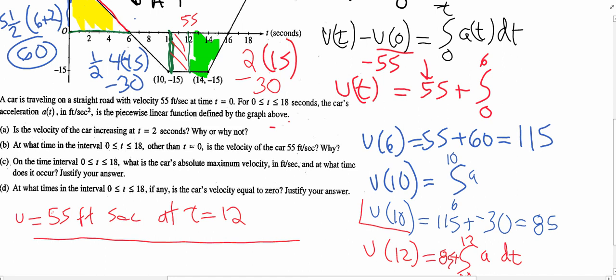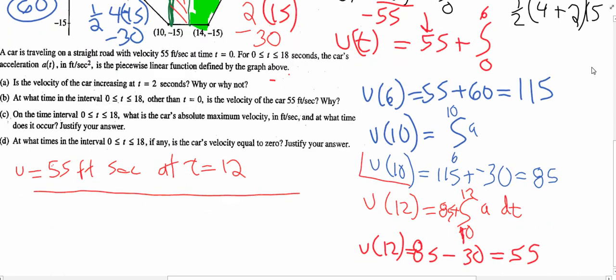We have 12 to 14 is a base of 2, and from 12 to 16 is a base of 4. Half of that, and we know the height is 15, so 6 times 15. That's actually 45, isn't it? So it's a negative 45. 4 plus 2, 6, 3, 15, 45.